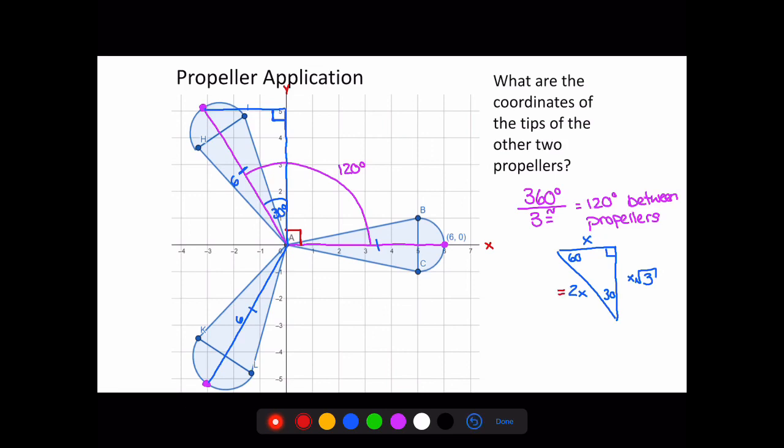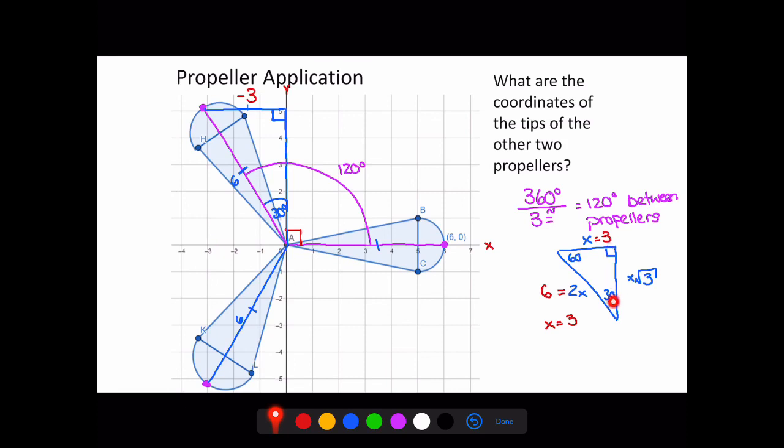So 2x is equal to 6, which means x is equal to 3. So this side length over here is 3. So I know that this length up top is 3 in length. So on the coordinates, of course, it's negative 3, because it's going in a negative direction.